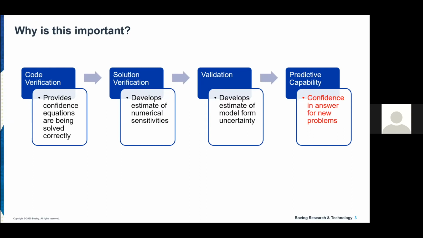We're running it to gain additional insight, or we're trying to apply it to a different case that's in some ways close to the one we're using for validation. That's the predictive capability we have in mind. So by building up through code verification, solution verification, and validation, we try to get to the place where we can establish confidence in the answers we would get from new problems.